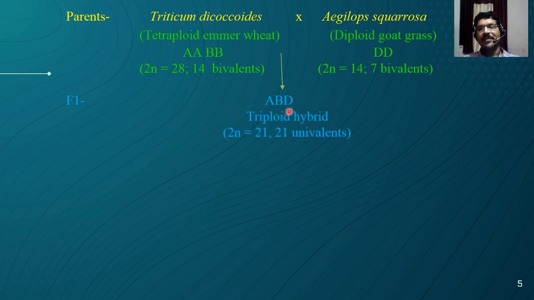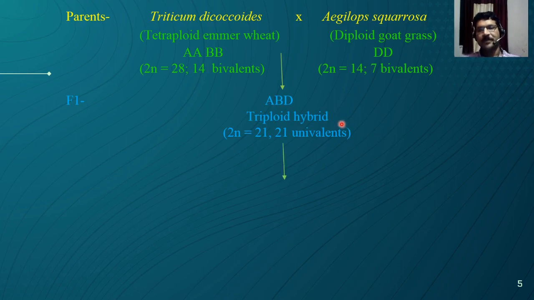Here you can see the genotype A, B and D. So only 3 sets of chromosomes, and this plant is known as a triploid hybrid. The 2n is equal to 21, meaning this plant contains 21 univalents, 21 unpaired chromosomes that can't pair. So in F1 this type of triploid plant has been formed. This is no doubt a sterile one.